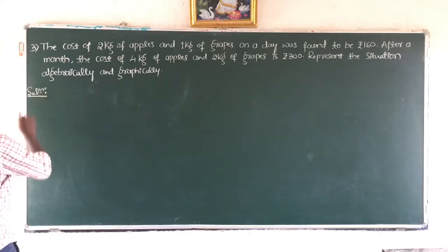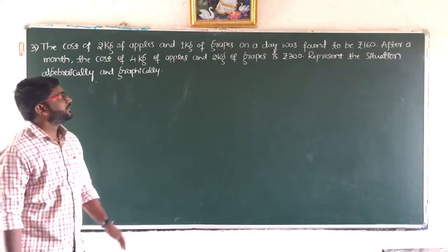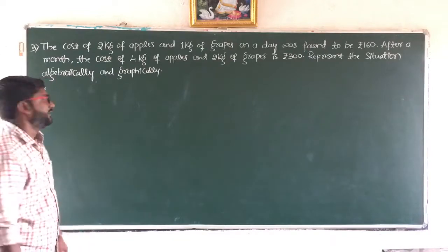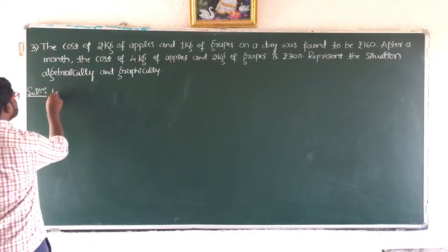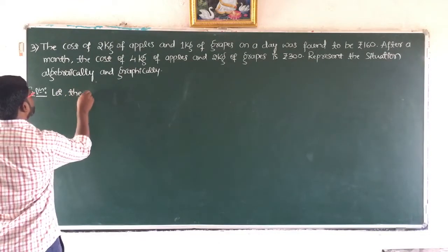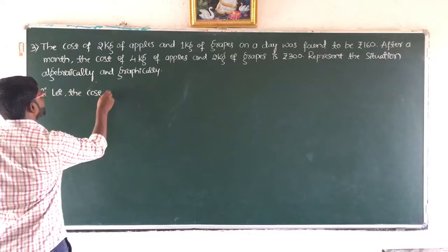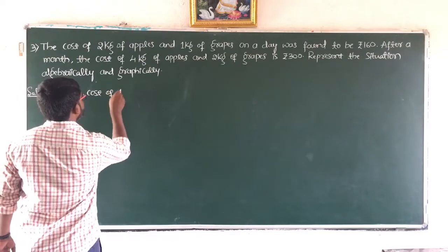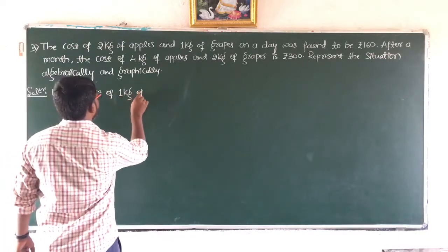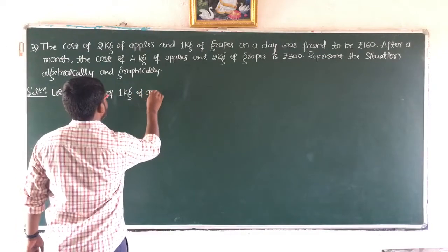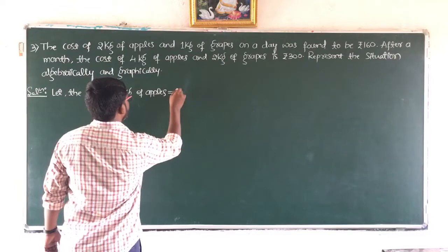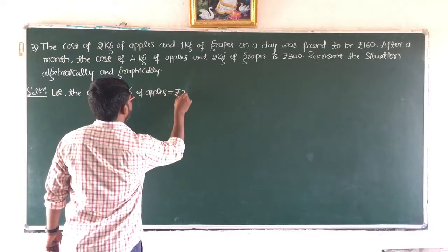So here we don't know the cost of 1 kg of apple and 1 kg of grape. So I consider those as x and y. Let the cost of 1 kg of apples be rupees x.